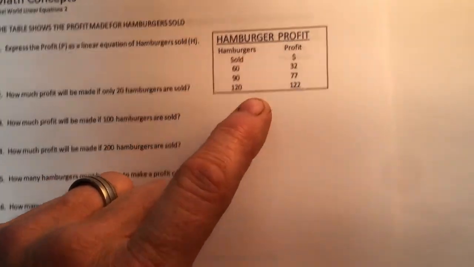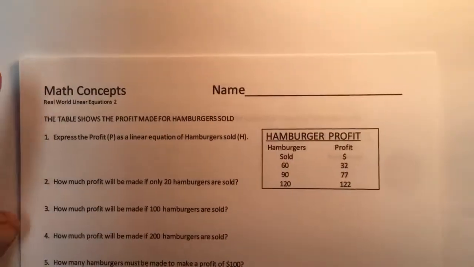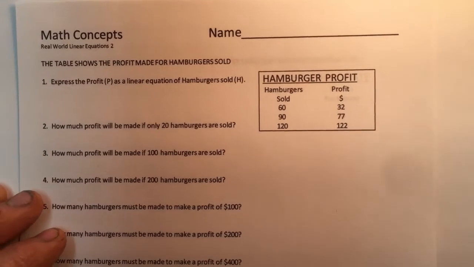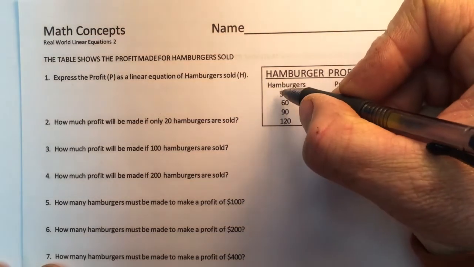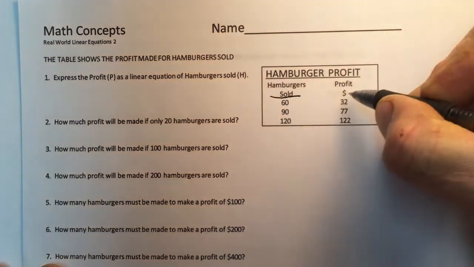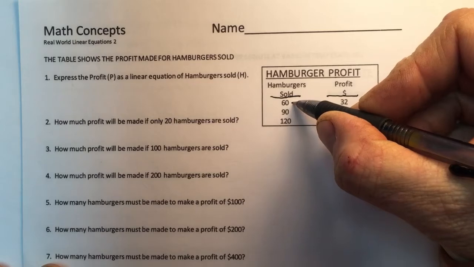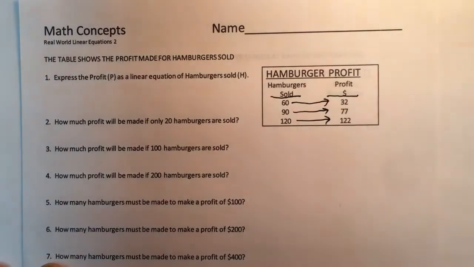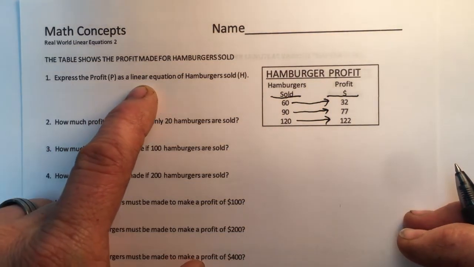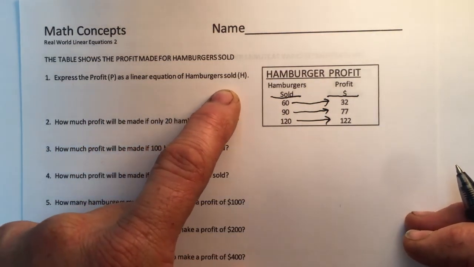Okay, I'm going to do this. This one right here has hamburger profit. There's two of them that have hamburger profit. All right, I'll do the first one, and then you guys can have that one to go by to do the other ones. But if you look here, we've got hamburgers sold, and we got a profit. And see these numbers here? They go together. Okay. It says express profit as linear equation of hamburgers sold.